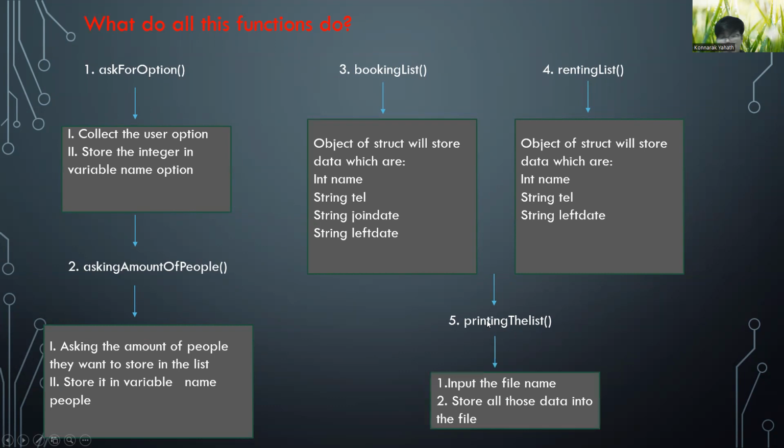Then the program will allow you to input the file name, meaning the file that we want to create, and store all the information that we get from these two functions to the file that we had created. Then it decorates those data in order for the user or the firm to read or analyze easily.